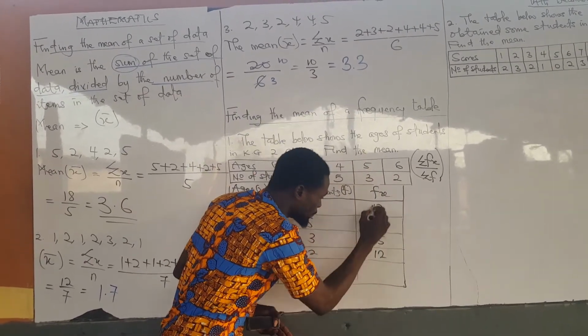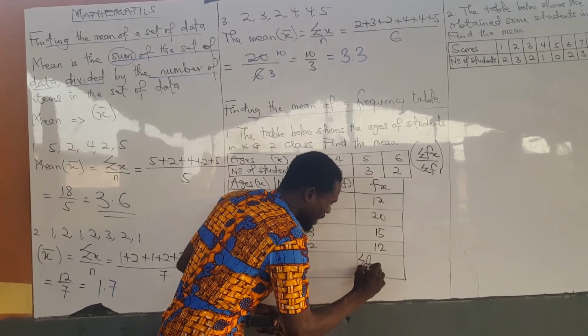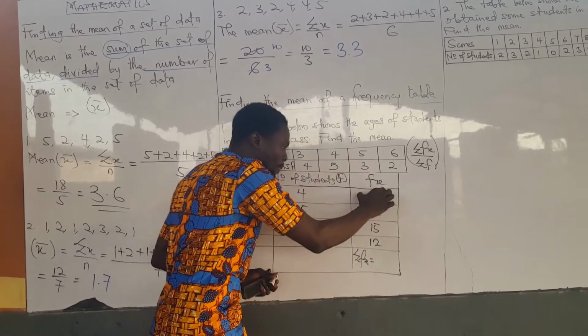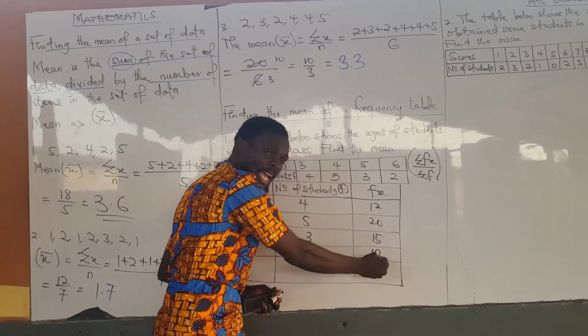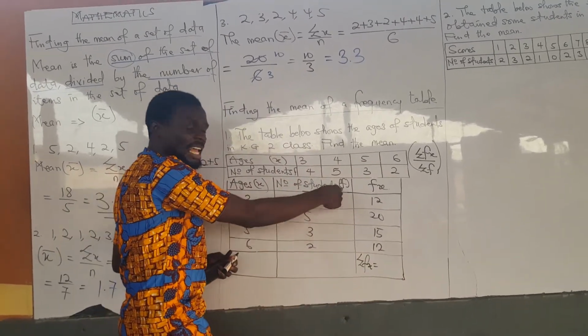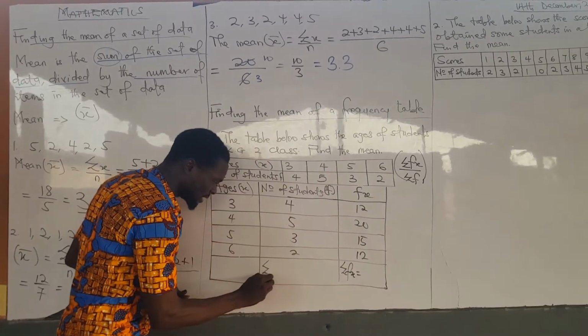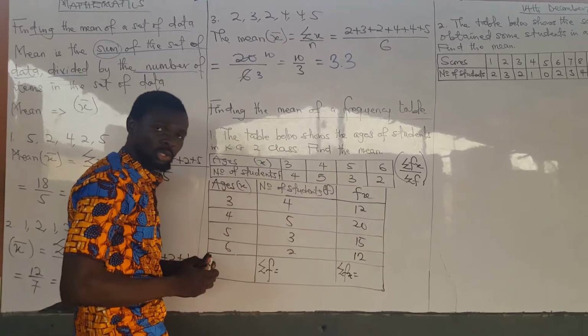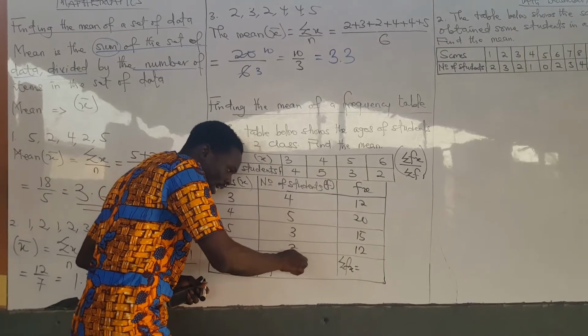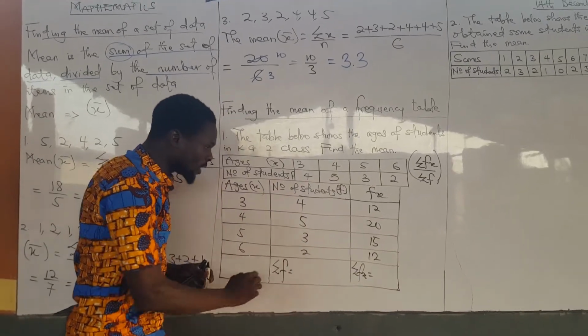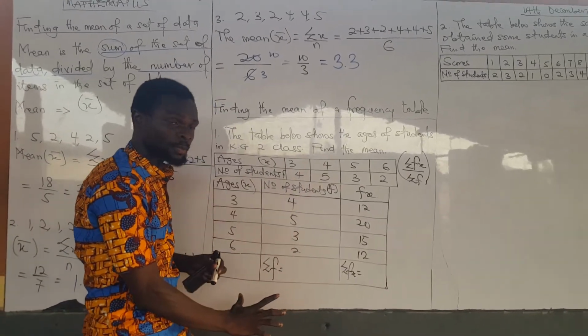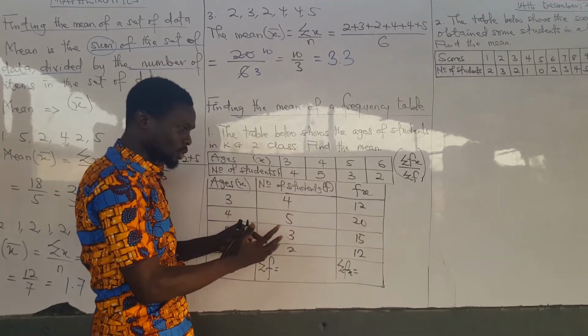So we are coming to look for sigma fx, which says put everything here together. Then these are the f values, and this is going to give us sigma f, and also says put the values here together.